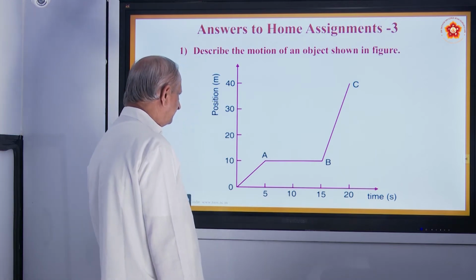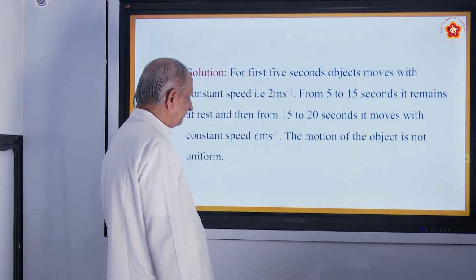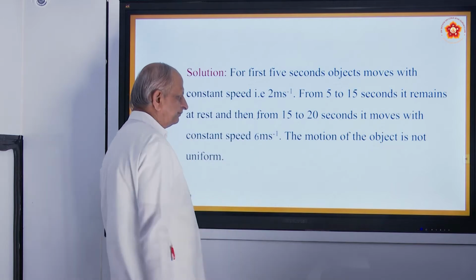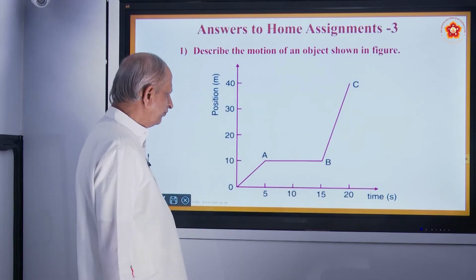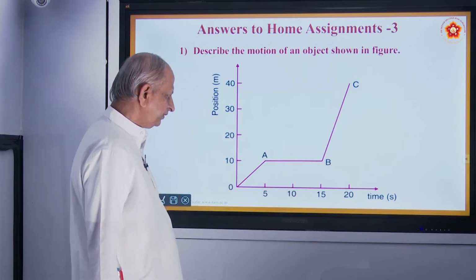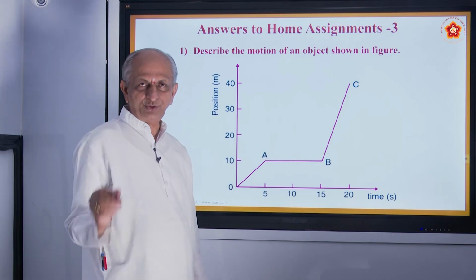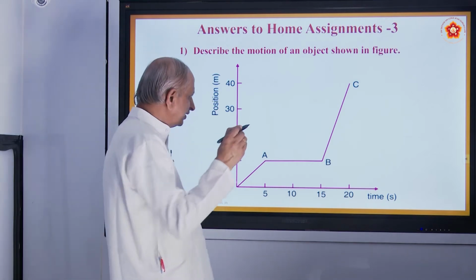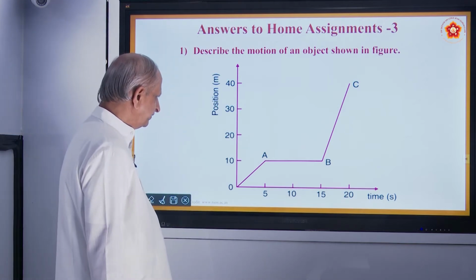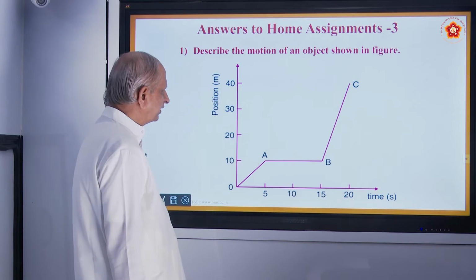So that will be a constant speed up to A. After coming to A, from 5 to 15 seconds it remains at rest. So from here to here it is at rest, which means there is no change in the position. As there is no change in the position, there is no change also in the motion of the body. So we say the body is at rest from A to B, is it not?